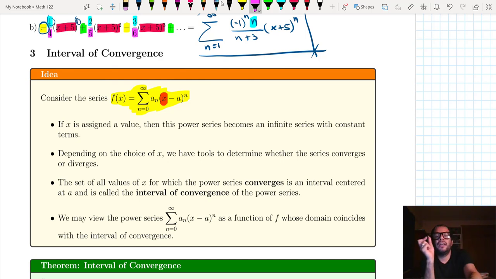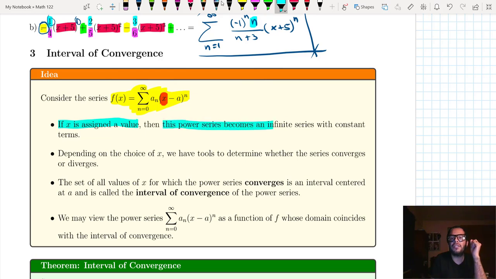Now, if x is assigned a value, then this power series becomes an infinite series with constant terms, like the ones that we dealt with in the previous section. Can we plug in just any value of x into a given function? Well, yes, we can.